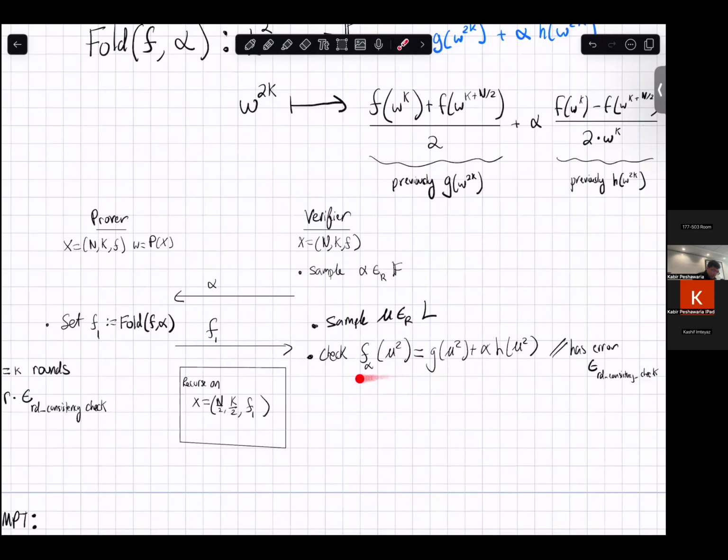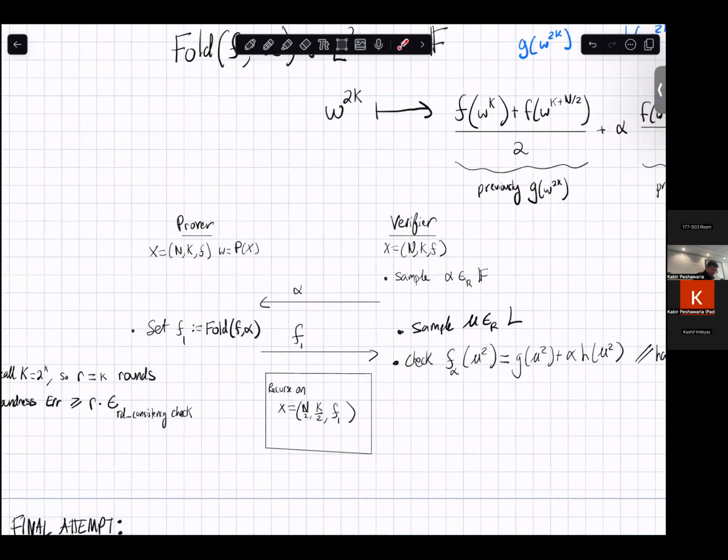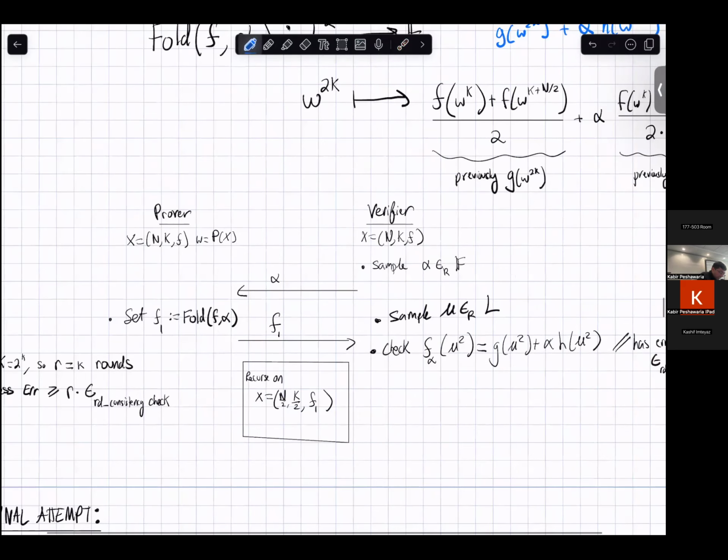So this check here, to see whether F1 is really a good subproblem for F, has some soundness error. And if we keep doing it like this, where I send you alpha, you send me F1, and then I check, is F1 equal to fold of F with alpha?